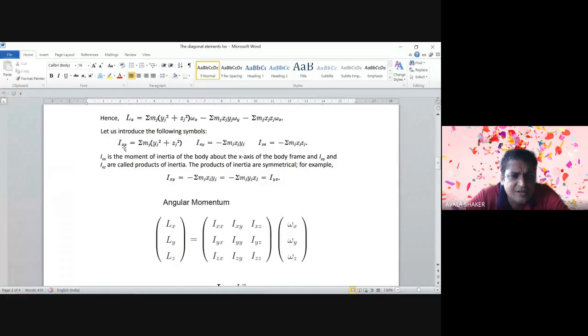So for xx, we take m1, y1 square plus z1 square, then plus m2 times (y2 square plus z2 square), plus m3 times (y3 square plus z3 square).